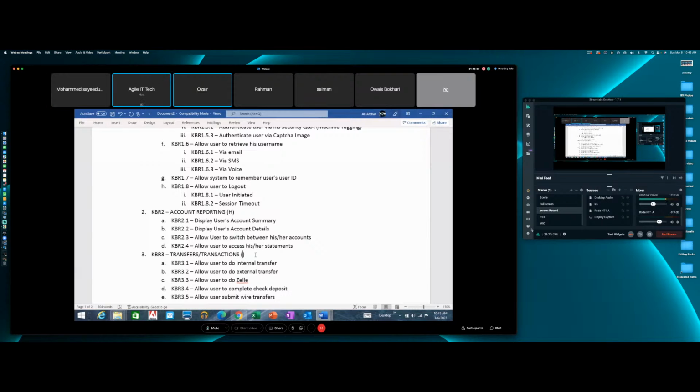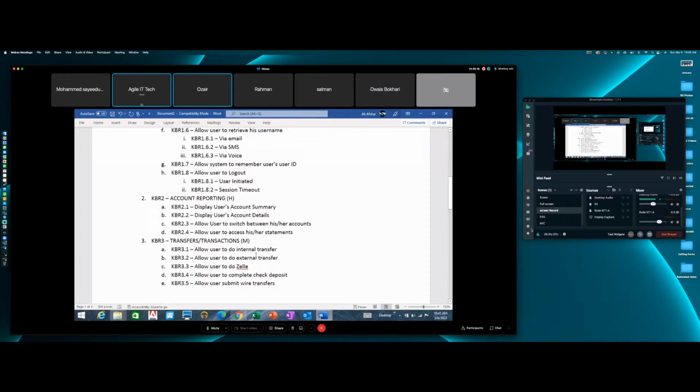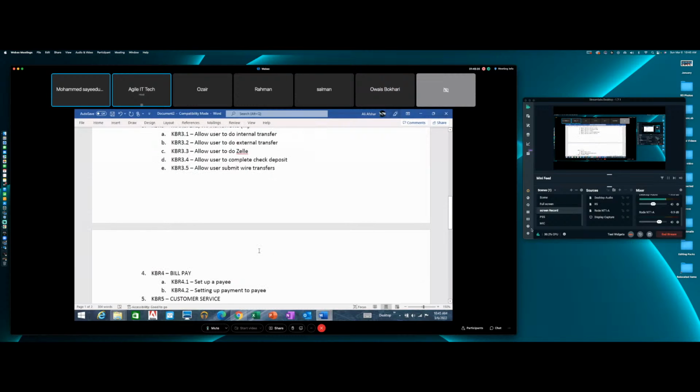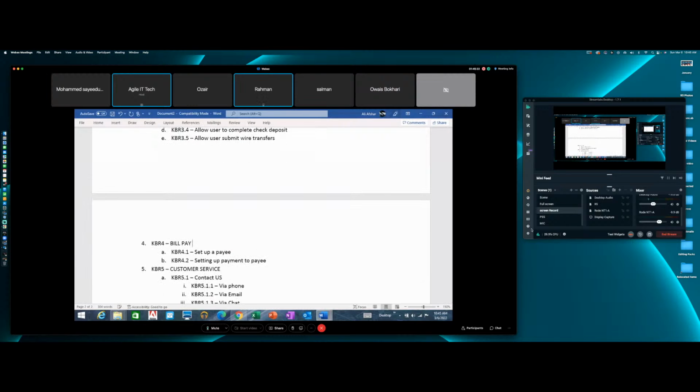Is that your primary function of your mobile app, to transfer funds? No. Guys, if you're not participating, go on mute. This is also a medium. Your pay is definitely a medium, not even close.